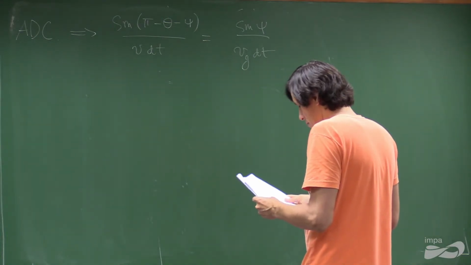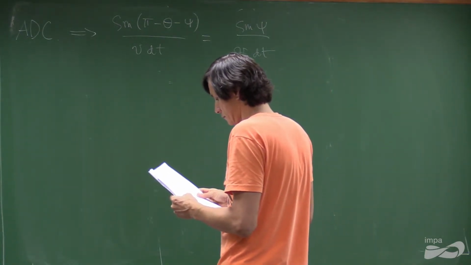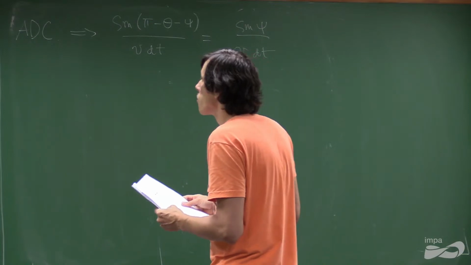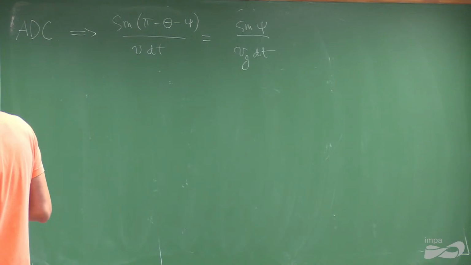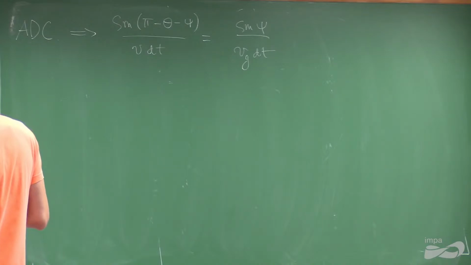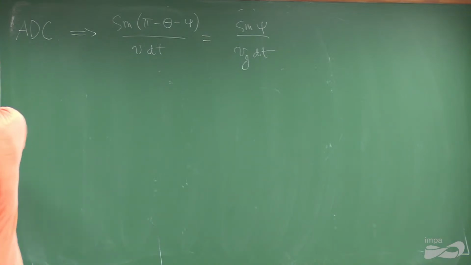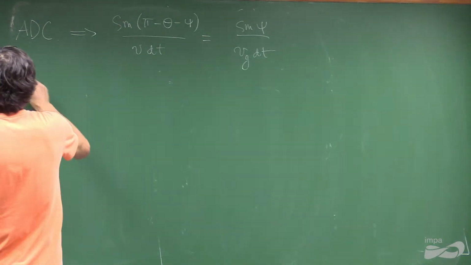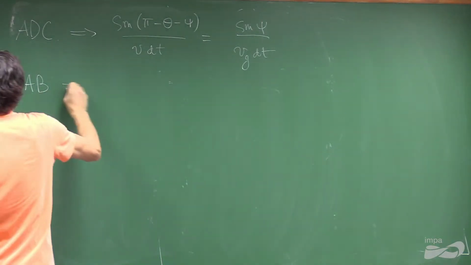The next is we take AB, this distance. We know it's Vf dt.